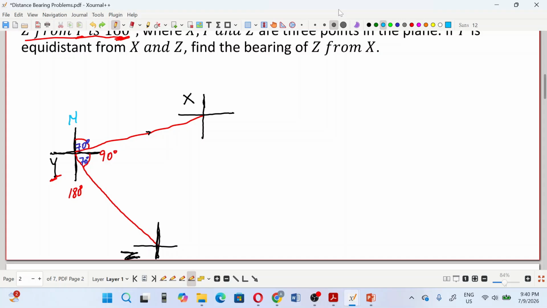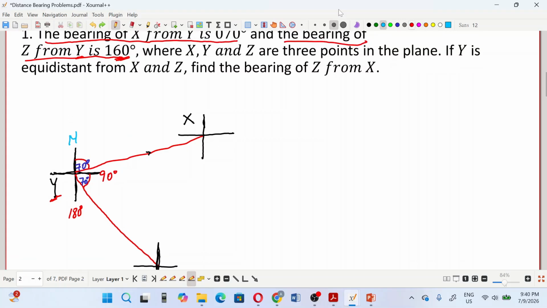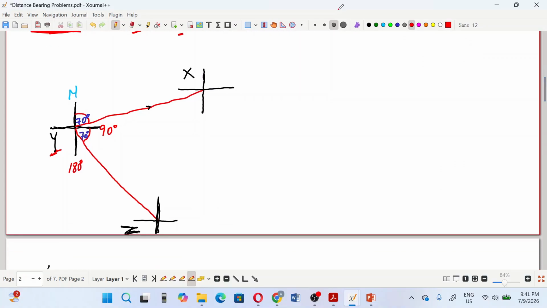Okay. All right, so now let's look at the last part. What does it say? Let's look at the question. When I go back to the question, it says, where X, Y, and Z are 3 points. So we already got our X, Y, and then our Z. If Y is equidistant from X and Z, it tells you that Y is of equal distance.